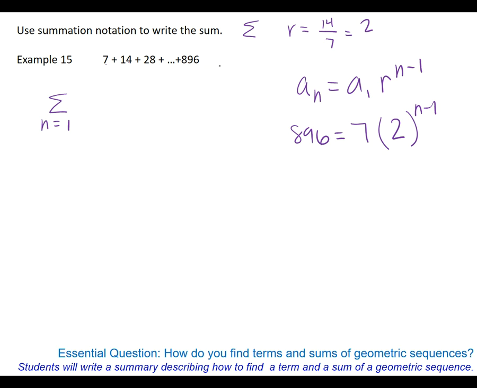I could take this 7 and bring it to the other side. Help me out with the arithmetic. What's 896 divided by 7? 128 equals 2 to the n minus 1. We just came out of the log unit, so there are multiple ways I can deal with this. I could take the log or the natural log of both sides and get that exponent out front.